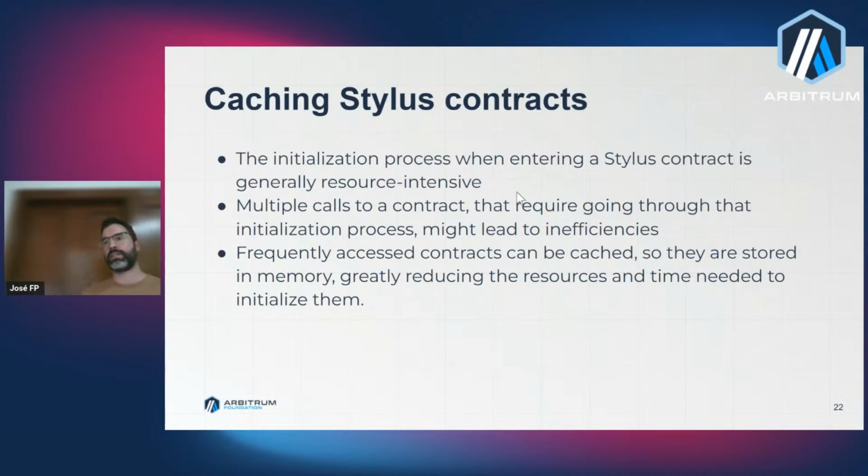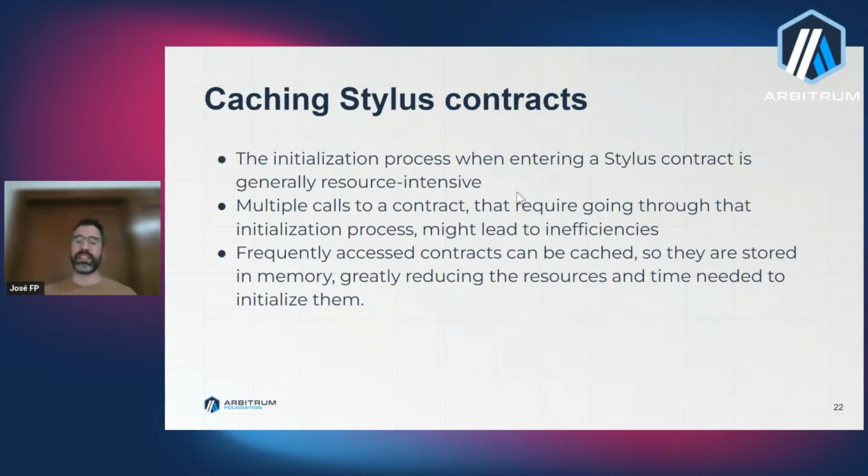This is the initialization process that all contracts go through. But that process is a bit expensive, and you have to pay the gas for that. So if you are calling the same contract multiple times across multiple transactions, you have to pay that initialization process each time.